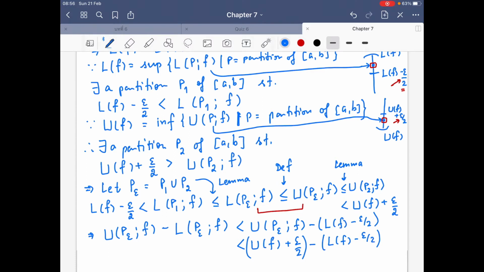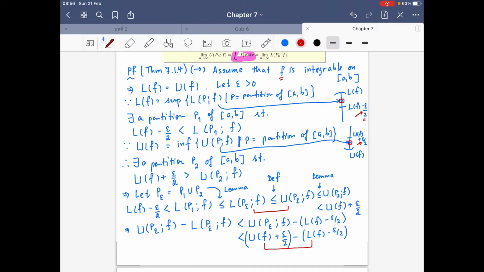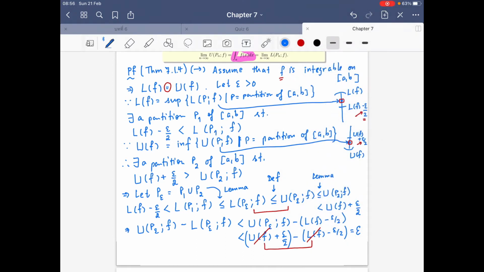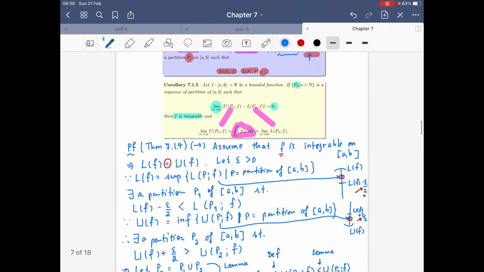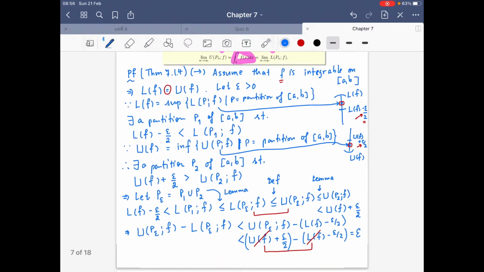However, because f is integrable, the upper integral and the lower integral are the same. They will cancel, and these two epsilon over 2 will combine and become epsilon. So you get what you need: the difference between the upper sum and the lower sum of a particular partition P epsilon will be less than the given epsilon. All right, so this is what we have.